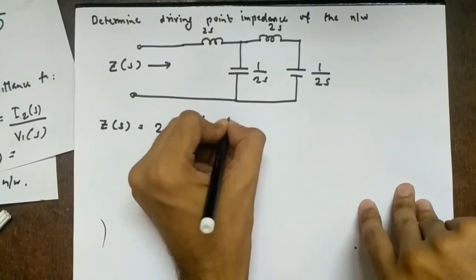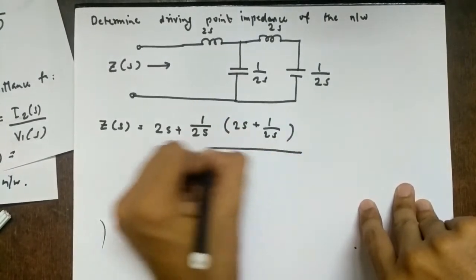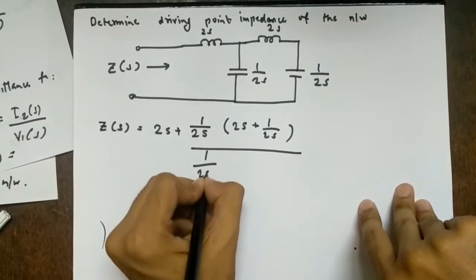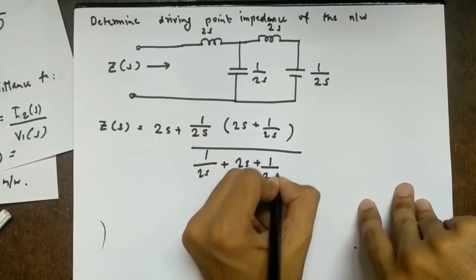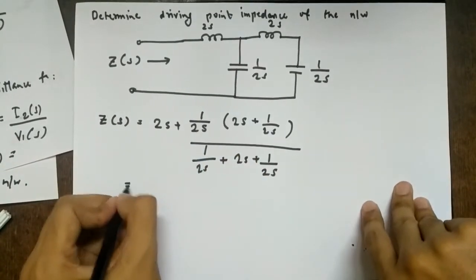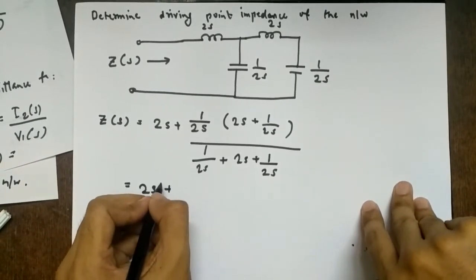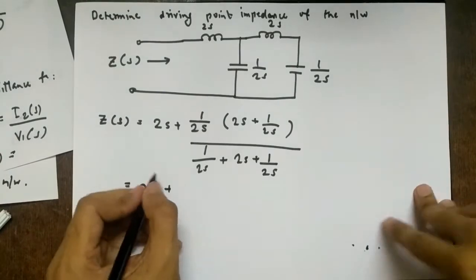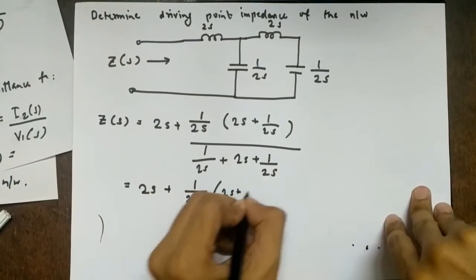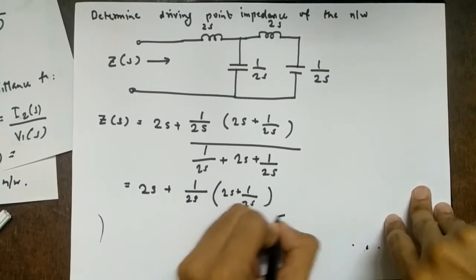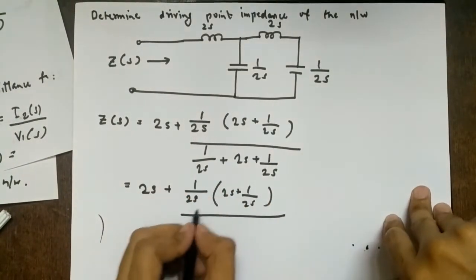So 1 by 2S into 2S plus 1 upon 2S, upon the addition of this, so 1 by 2S plus 2S plus 1 upon 2S, right? So equal to 2S plus, what you can do is, 1 by 2S upon 2S plus 1 by 2S upon, so make this 2S common.